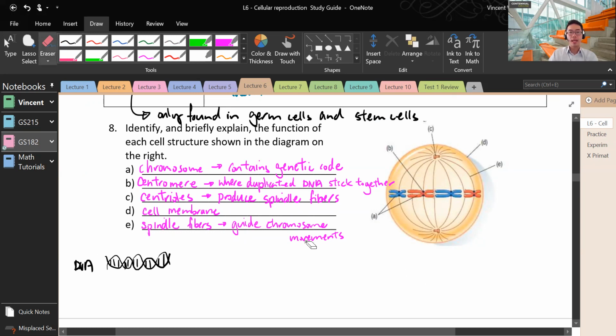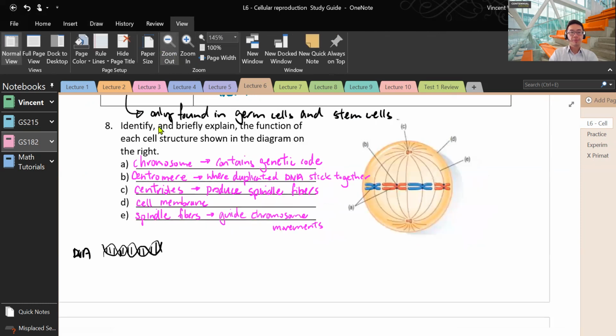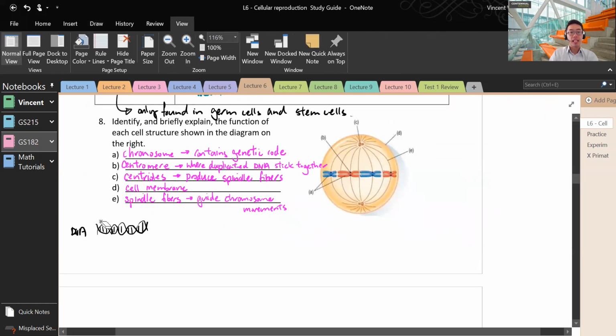There's no way in its innate form that it would fit in the nucleus. So in order for us to fit the DNA into the nucleus, we have DNA plus what we call packaging protein. One example of packaging proteins is histones.